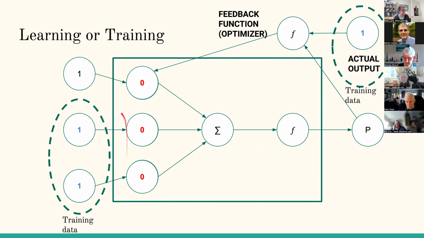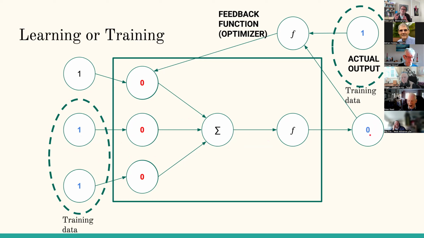Now, the way this works is we have some training data we inject, and we allow the neuron to go through its multiplication, summation, and its function and come out with an answer. So you can do the sums again, all these are zeros, we're going to get a zero out here.